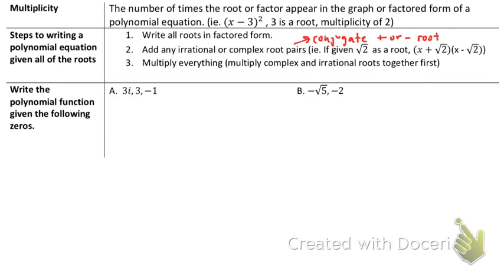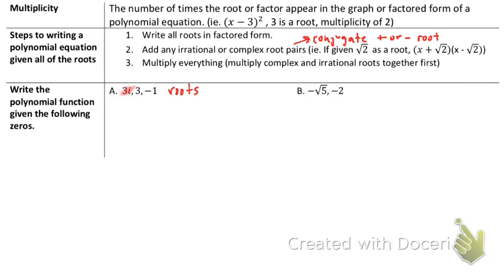So example A, we're going to write all the roots in factored form. If we look, we have 3i, 3, and negative 1. These are our roots. But since 3i is a complex root, we have to write its conjugate, which means I have positive 3i, and I now have to account for its opposite, negative 3i.